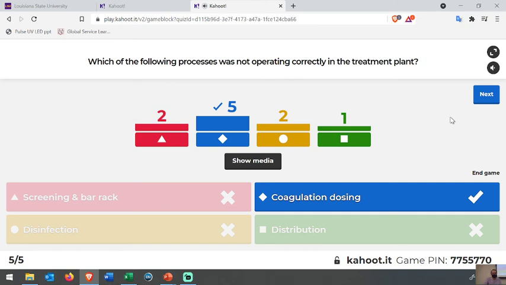Okay, great. So a lot of you got that correct. The coagulation dosing was also failing. So not only were they not properly monitoring the turbidity, they were also not properly doing the coagulation step.